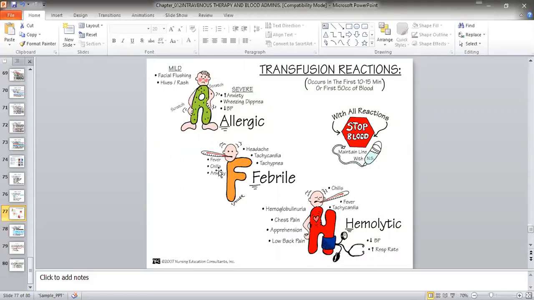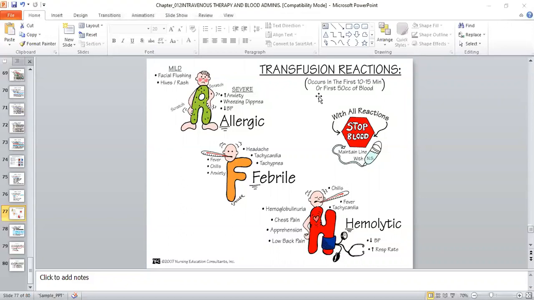Fever, chill, or all of these conditions increase the anxiety. Also hemolytic changes develop, like fever, tachycardia, hemoglobinuria, chest pain, and low back pain.